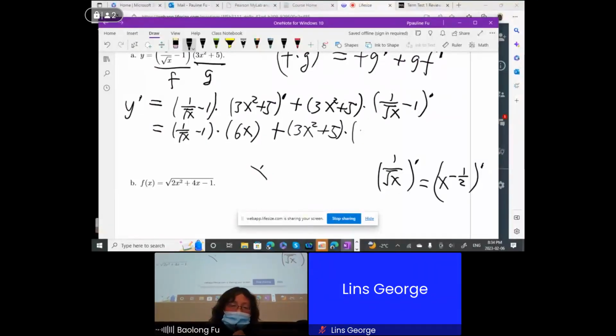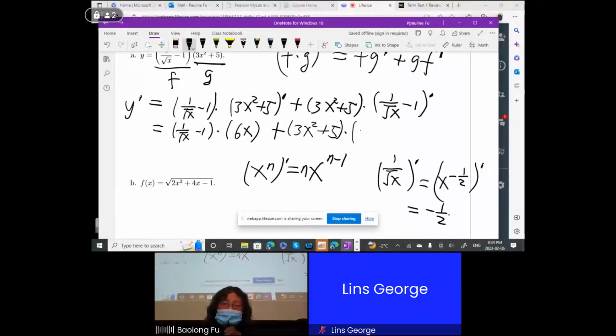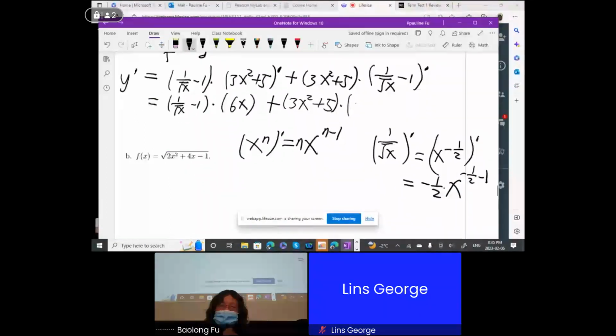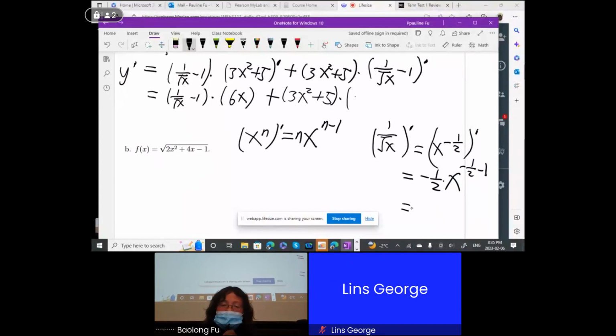Then I apply the derivative of x^n equals n x^(n-1). So it equals negative 1/2, x to the negative 1/2 minus 1, which equals negative 1/2, x to the negative 3/2.